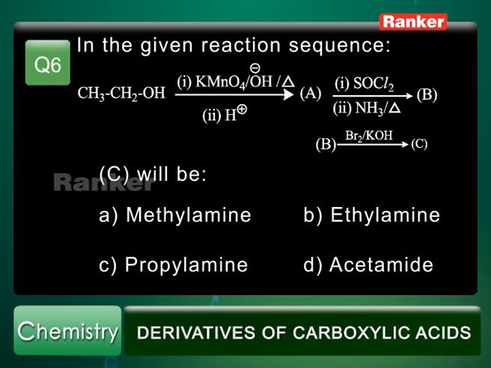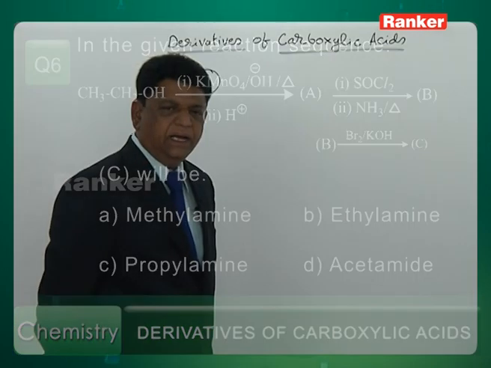The acetic acid is treated with thionyl chloride followed by ammonia, and you get compound B, that is acetamide. Acetamide on reaction with bromine and KOH is supposed to form methylamine. The options for compound C are: A is methylamine, B is ethylamine, C is propylamine, D is acetamide. So option A is the right answer.